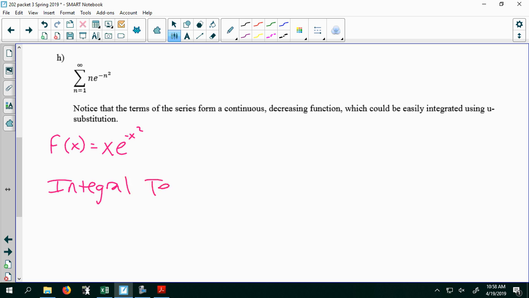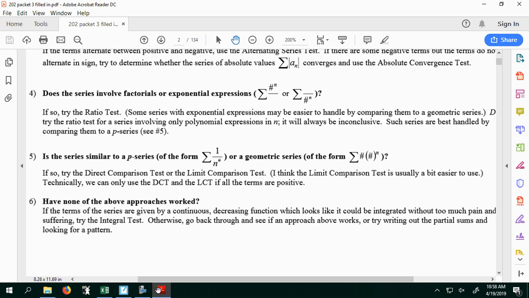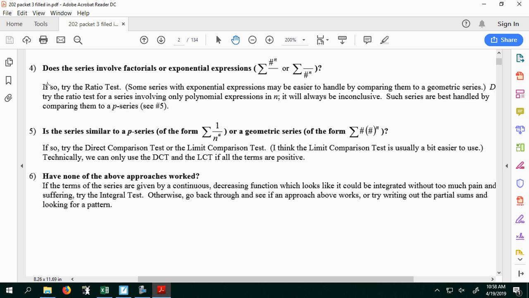The integral test is sort of your test of last resort, right? We're going to look through, is it a p-series? Nope. Do the terms approach anything other than 0? Nope. Are some terms in the series negative? Nope. Does the series involve factorials or exponentials? Not exactly, no. Is the series similar to a p-series or a geometric series?